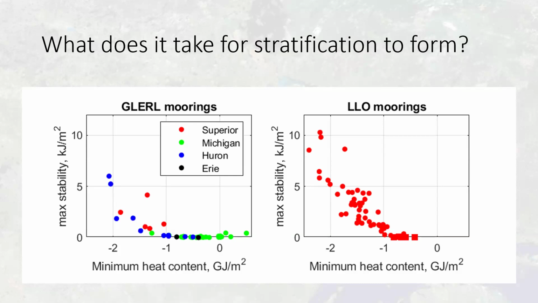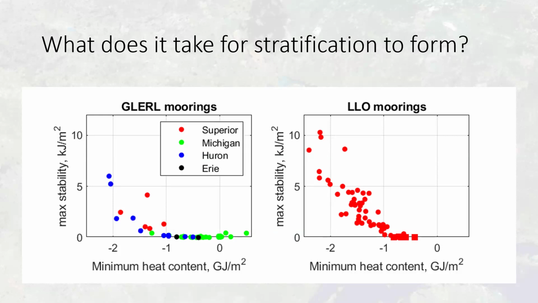On the other hand, if you're on this side of the curve, if I take more heat out, I get stronger and stronger stratification. So this right here seems to be a threshold value. If I take more than a gigajoule per square meter of heat out of the lake, I'm probably going to form stratification. I find that a little unsatisfying that I can't tell you why that number is a gigajoule instead of 10 or a half or something like that. So that's stuff that we're still working on.